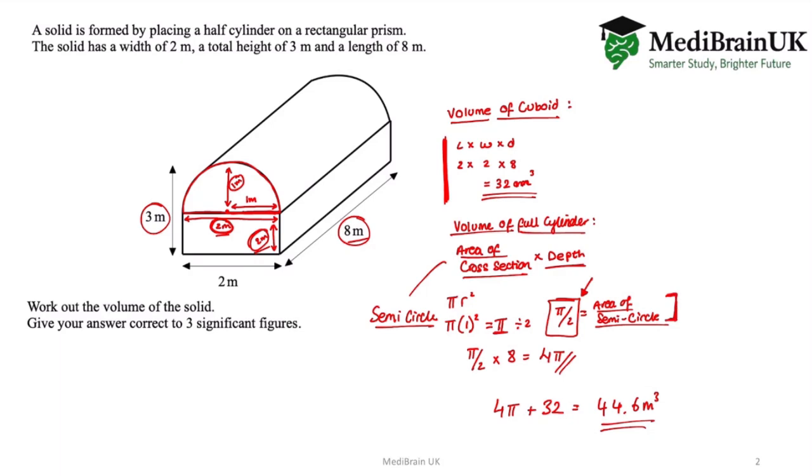Then you multiply it by the depth of the shape, which is 8 meters, pi over 2 times 8. Once you've done that, you get the volume of the half cylinder, and then you just add the volume of the half cylinder to the volume of the cuboid that you originally got. If you type that into your calculator, you get an answer of 44.6 meters cubed.